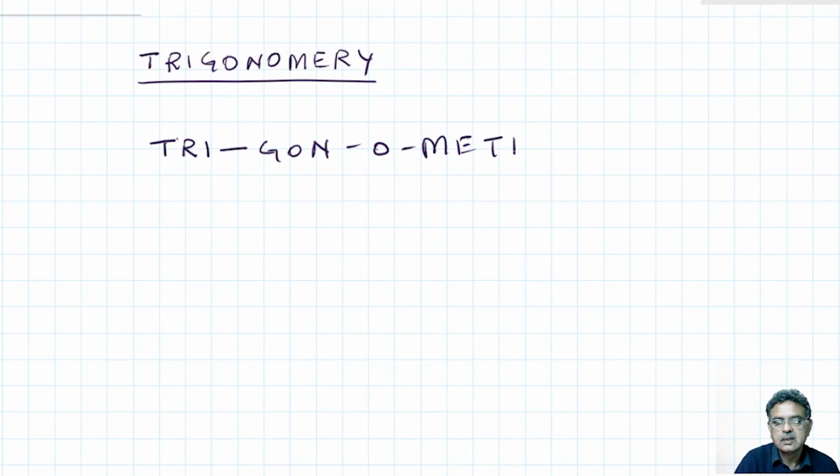Before describing this, let's see what the meanings of the individual words are. These are actually Greek words which are used in English. So "tri" is actually an alternative word for three.